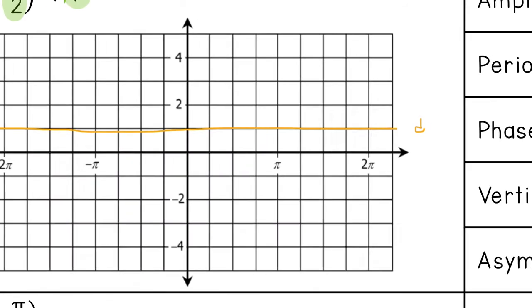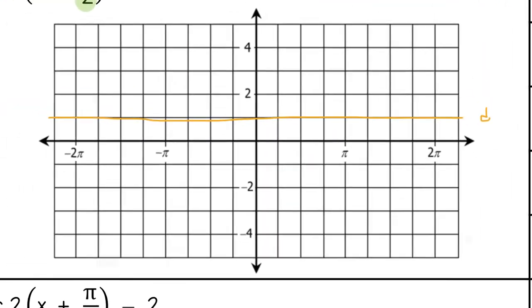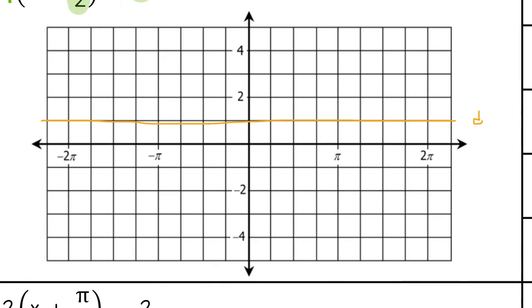The next thing that we have is that we need to shift pi over 2 to the right. So on this graph, it takes 4 units to get to pi. So pi over 2 is literally half, so it would be just those 2 squares right there.